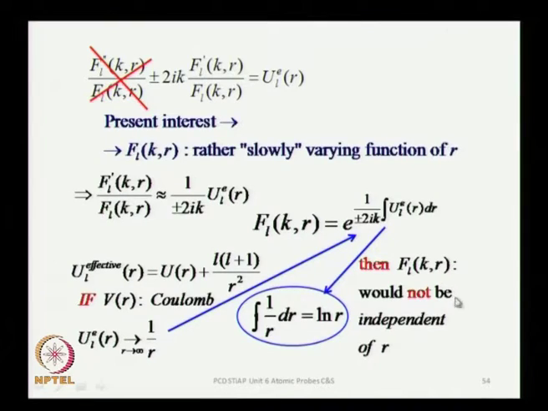But if the potential that we are dealing with is actually a Coulomb potential, we find that f would not be independent of r, which means that this method is not going to work for the Coulomb potential. But it does work for all potentials which go to 0 as r tends to infinity faster than the Coulomb potential. So that is the condition which is emerging from this analysis.